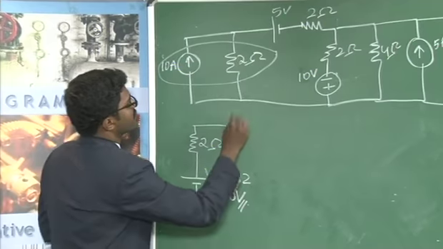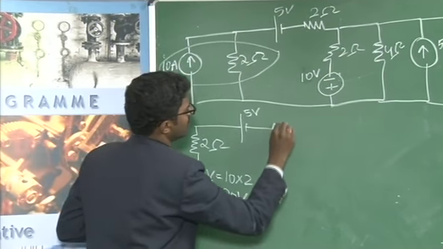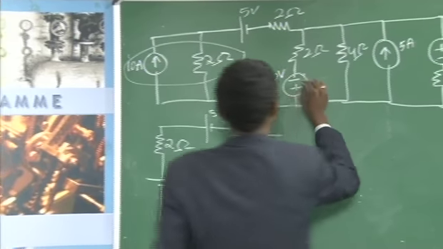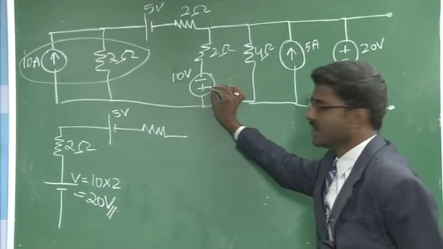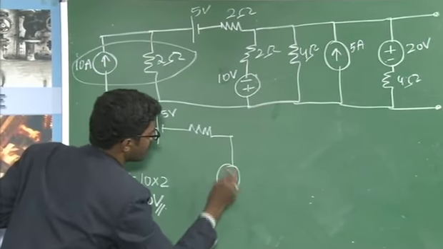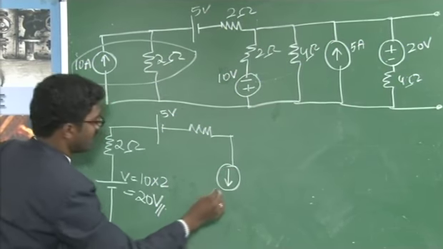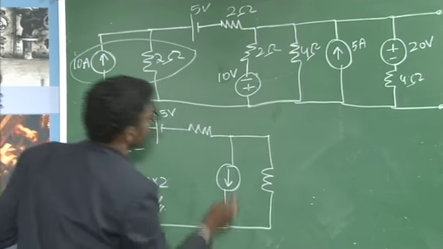Similarly, in this circuit, there is a 5 volt source in series with a resistance. Here you can see there is one more voltage source which you can convert into an equivalent current source, and we need to think about the polarity. Here the current will flow in the downward direction in parallel with the resistance.